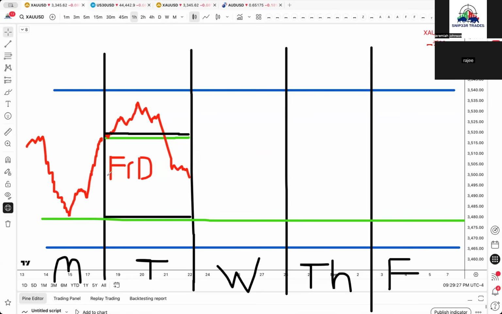And then Wednesday, funny enough, watch this. Wednesday can give us the pump pump, double top, for our short trade, our first red day trade back down to the low of the week from levels.